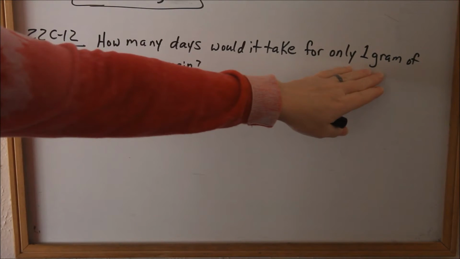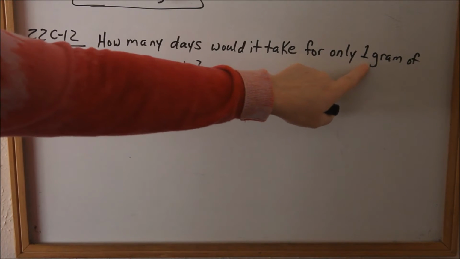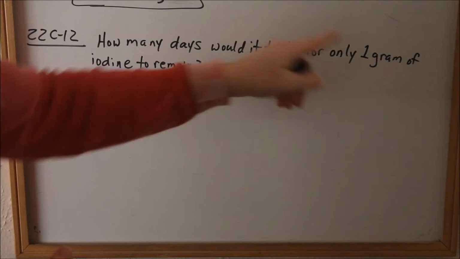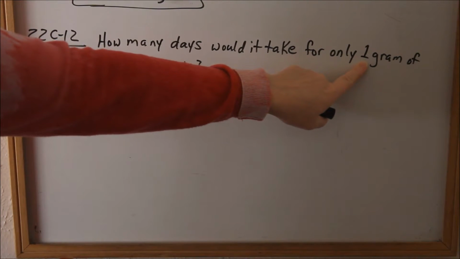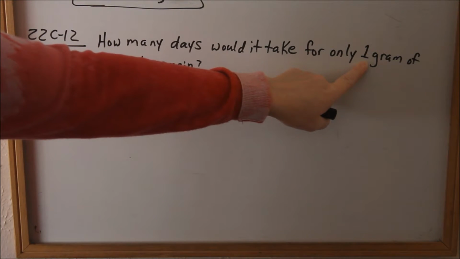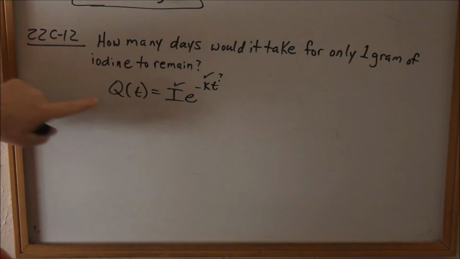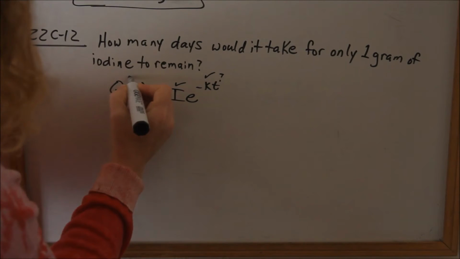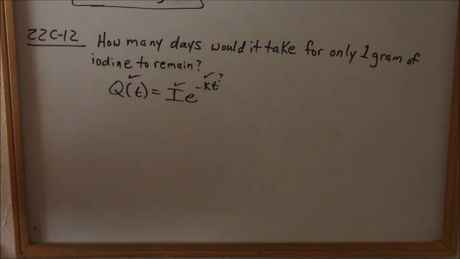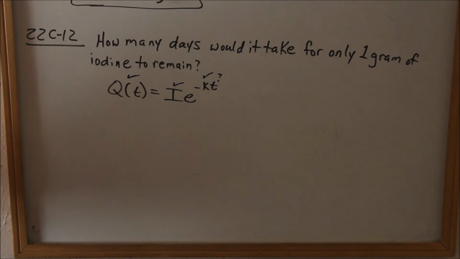So we're trying to find out after how many days. We started with 6 grams, and now we're going to end up with 1 gram. How much time did that take? So this 1 gram is this new amount. We know that as well. You should know everything except for one thing. You should only have one unknown because we have one equation.